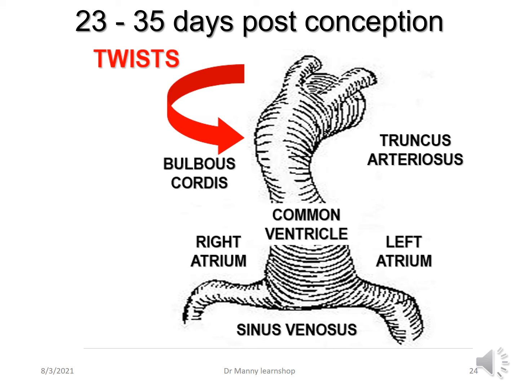The bulbus cordis, which basically means the big part, there's a common ventricle, there's a right atrium, left atrium, there's a truncus. The truncus arteriosus is where most of the arterial components are developing, and you've got a sinus venosus, which is where most of the venous components are developing. It's twisting and moving constantly to get into the right position.